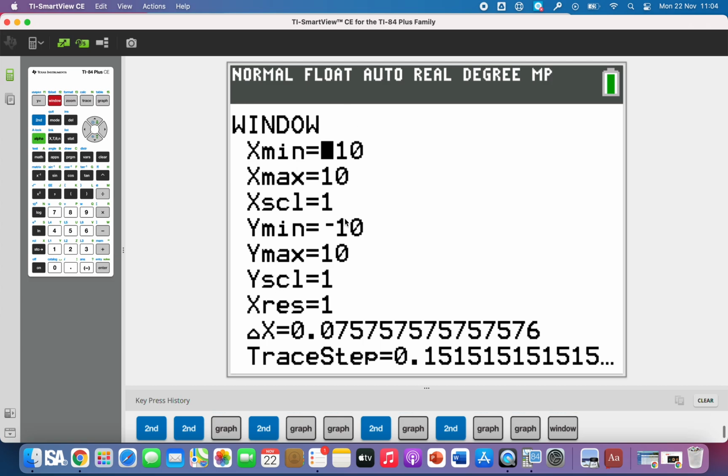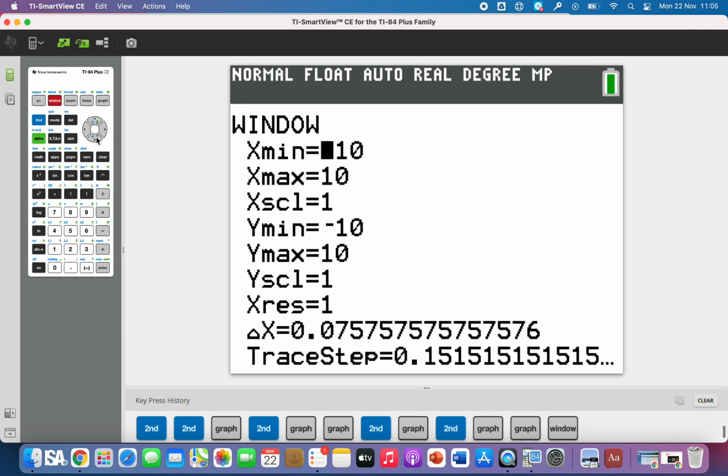So in this context, you know that 15 comma 150 is on the first quadrant, so you don't need to worry about the x minimum and the y minimum. You just need to adjust the x maximum and the y maximum and maybe the interval.